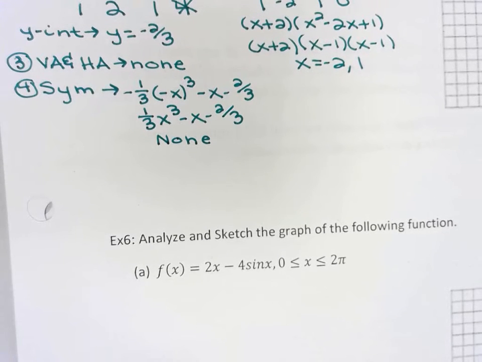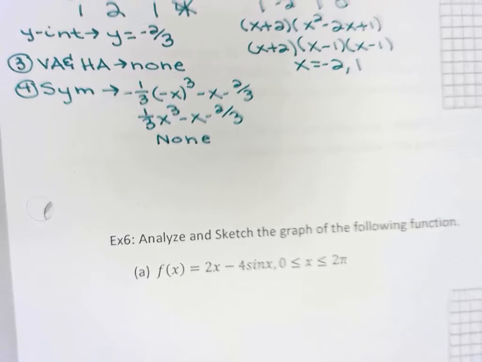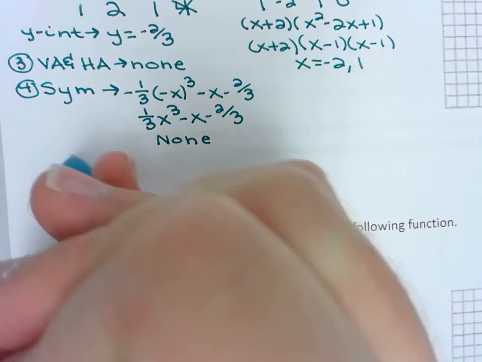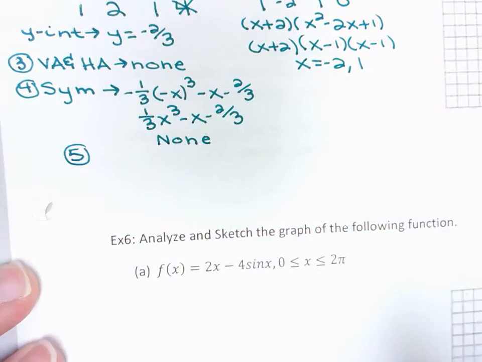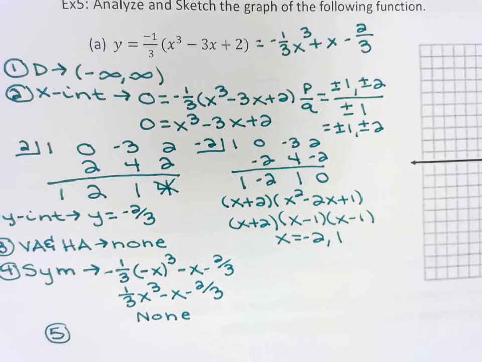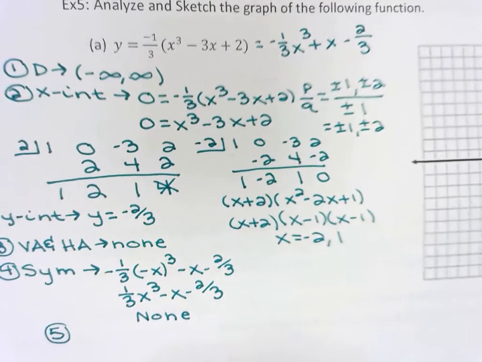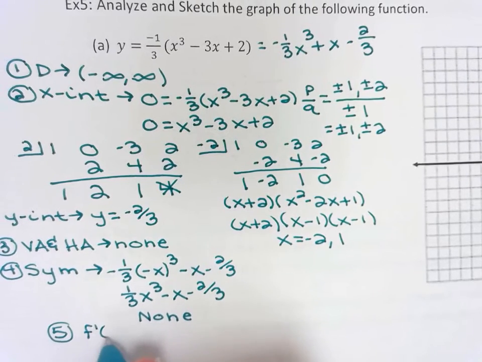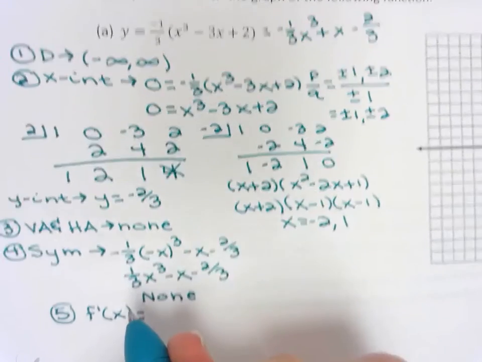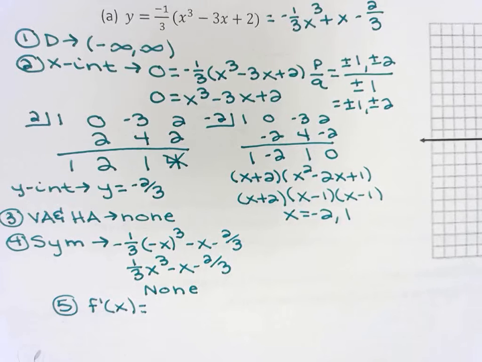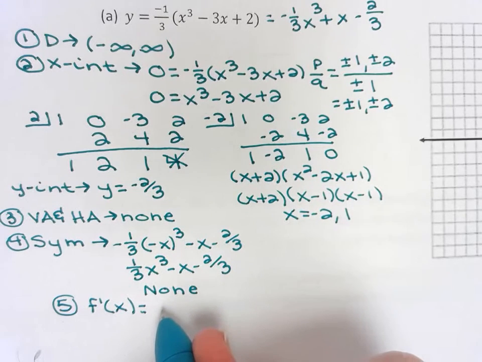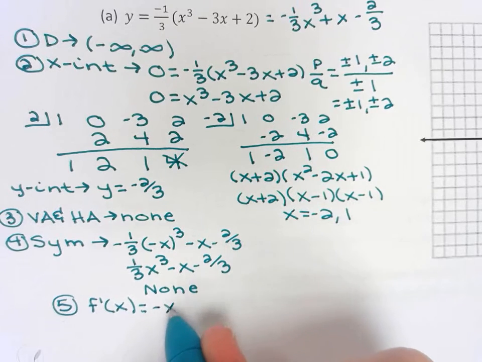Let's go ahead and take the first derivative, which isn't going to be terrible, and we're going to use the form where I multiplied it through, because that'll be easier. So if I take the first derivative, I'm going to get back a -x squared plus 1.